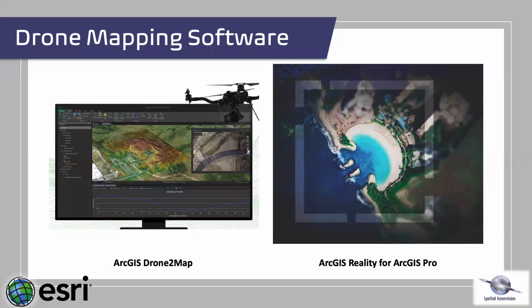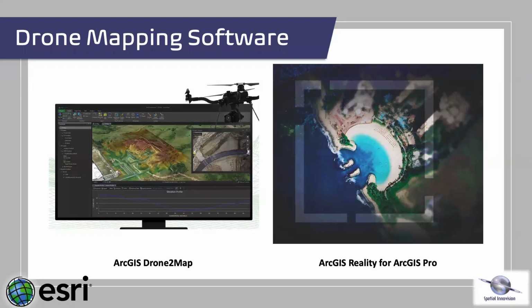Immediately after the flight in the field, process images on your laptop and perform drone analytics on your natural color, thermal, infrared, or multispectral data sets. As part of the ArcGIS system, Drone2Map provides easy access to a range of tools and capabilities for accurate mapping and geospatial analysis.